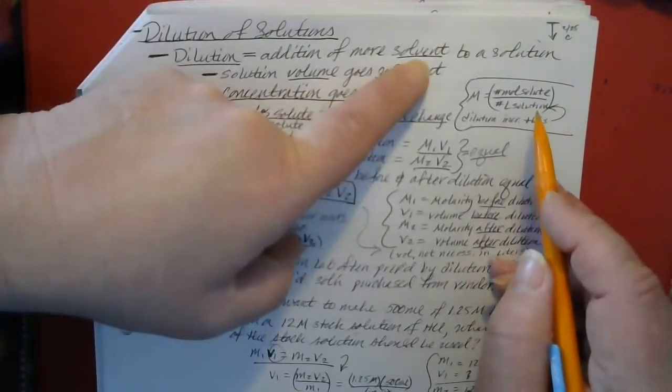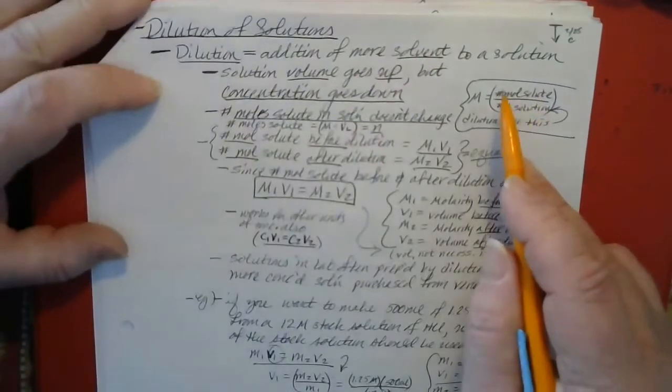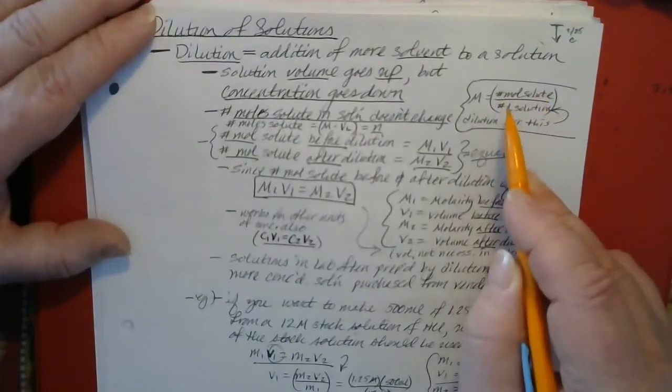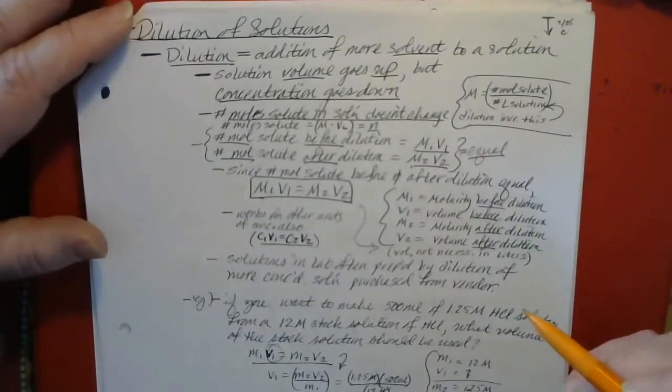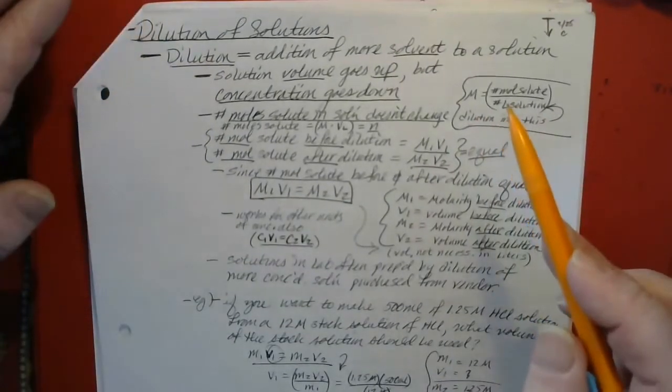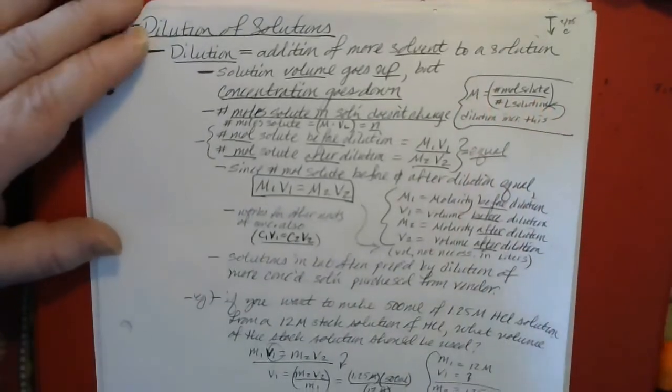When you add more solvent, that's part of the solution, so the volume goes up. You're dividing the same number by a bigger number, and the result ends up being smaller. That's why dilution increases the volume but decreases the concentration.